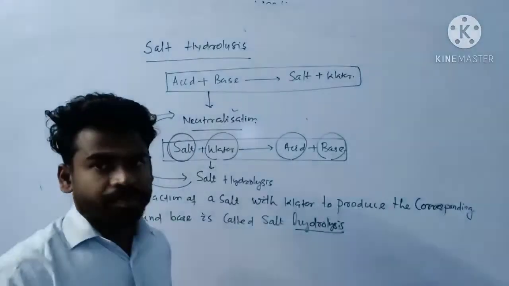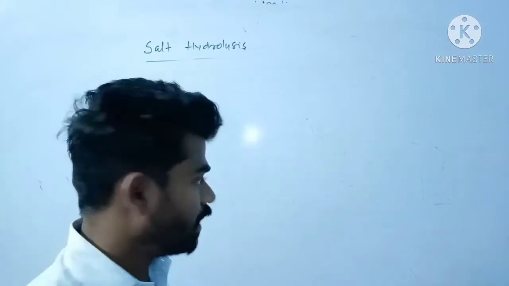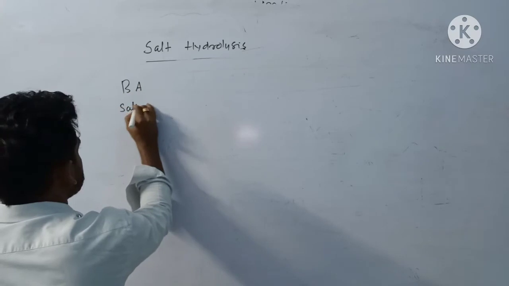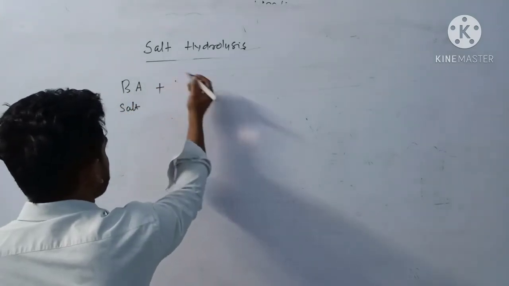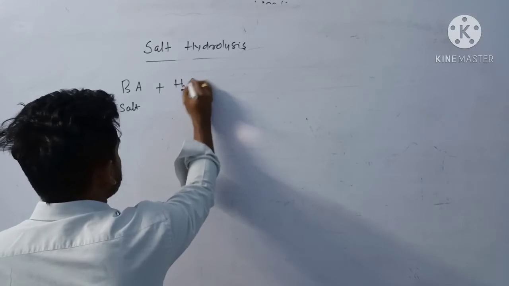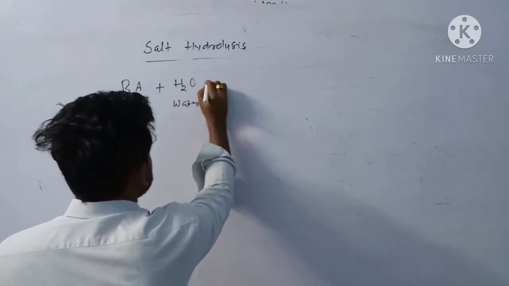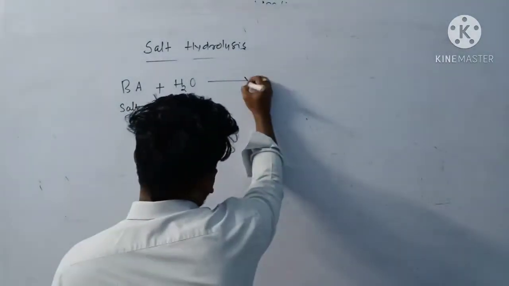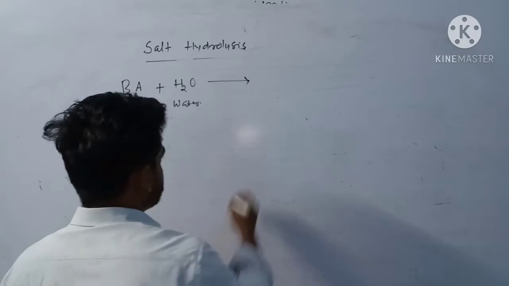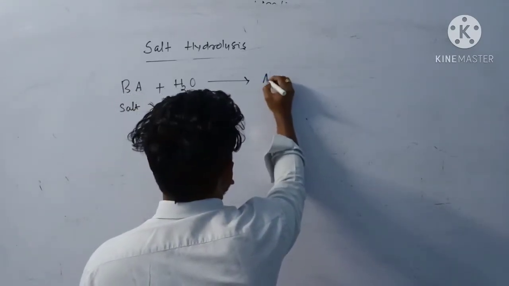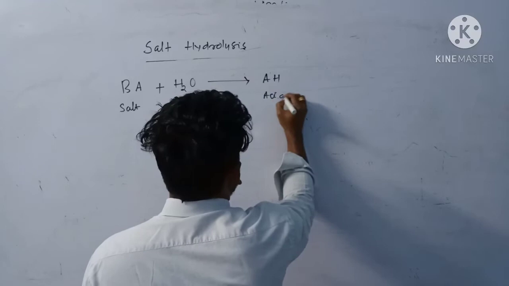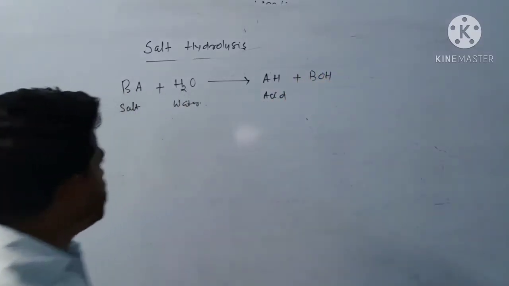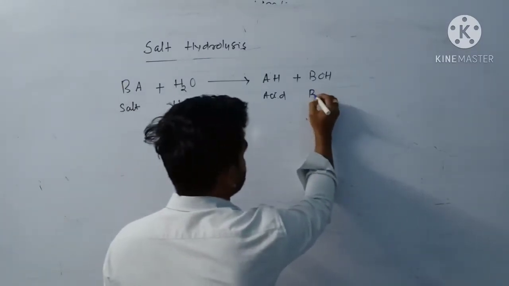So most commonly, if I consider a salt BA, this one is salt plus water, H2O, giving rise to acid and base, that is AH acid plus base. In salt there are two parts, you know.